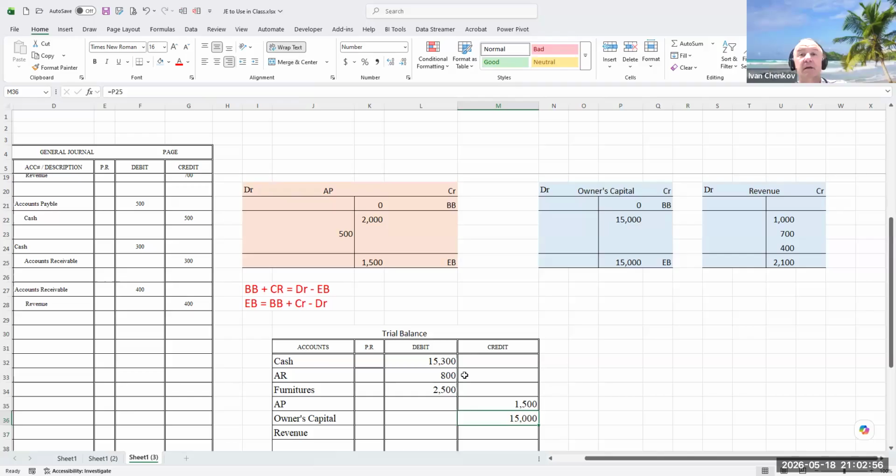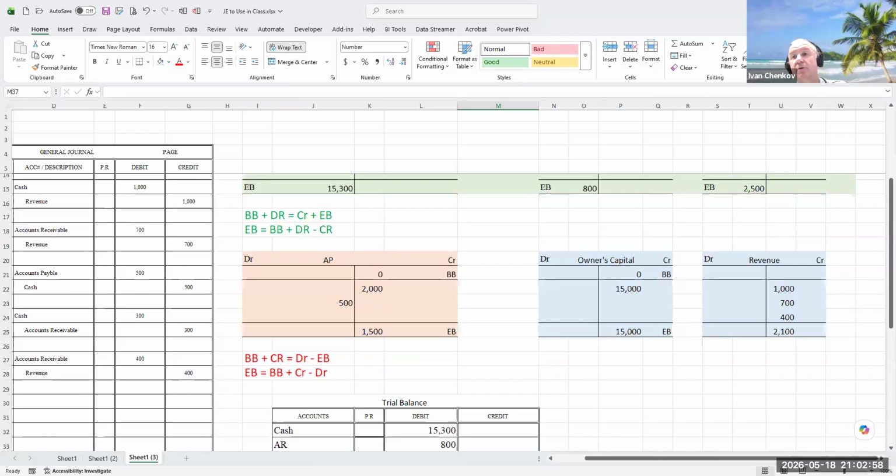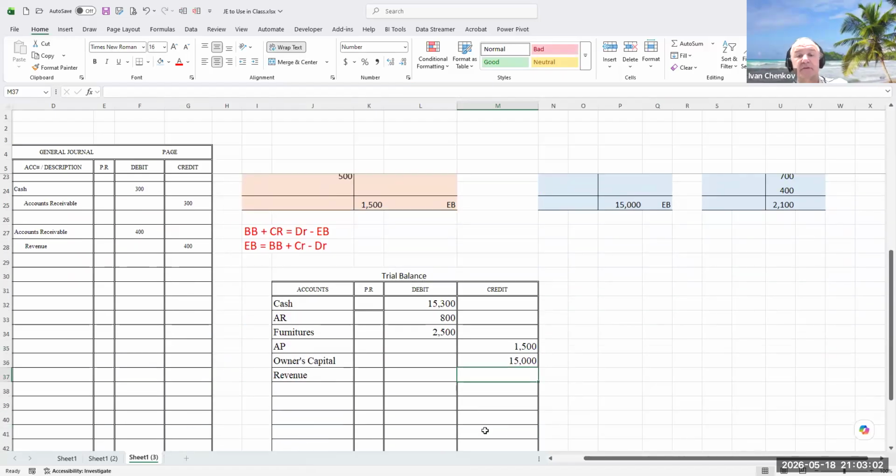And the last account that I have is the revenue, which also is on the credit side. So let's put this revenue here and see what's going to happen. 2,100.